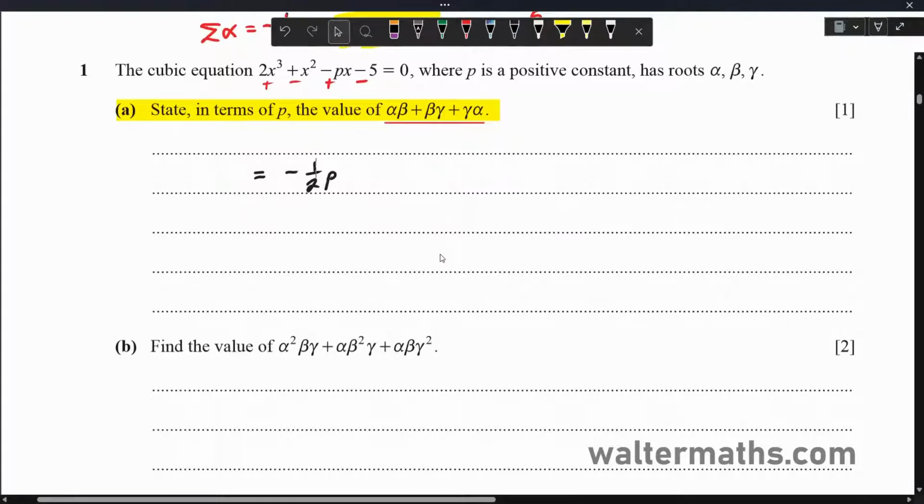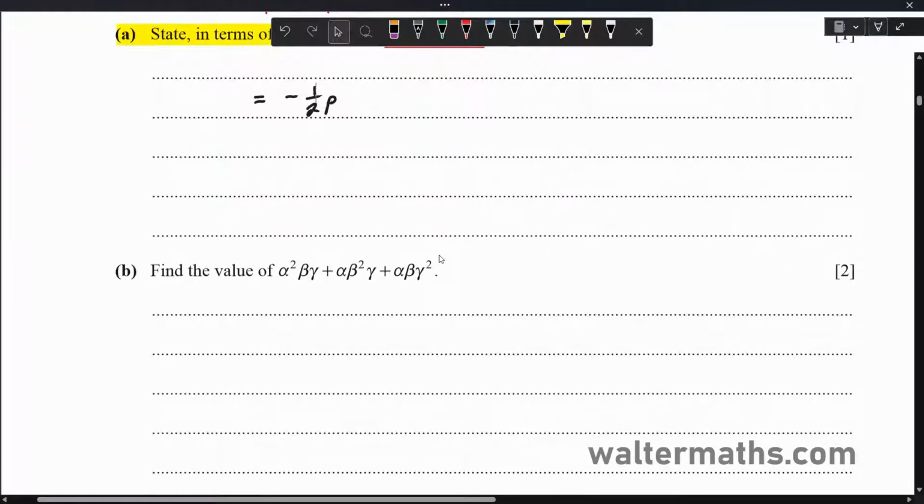Yes. Okay, then for part B, they say we should find the value of alpha squared beta gamma plus alpha beta squared gamma plus alpha beta gamma squared.